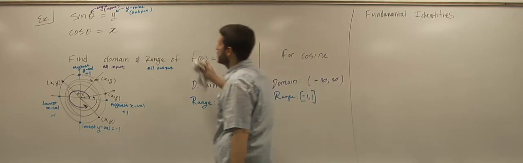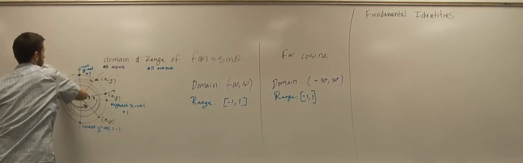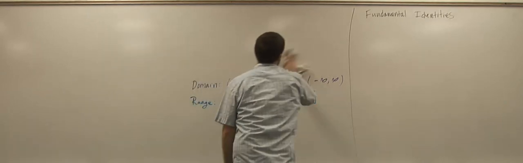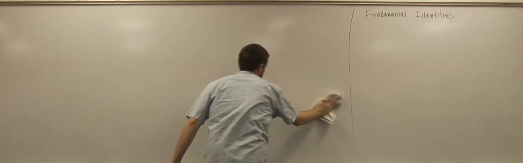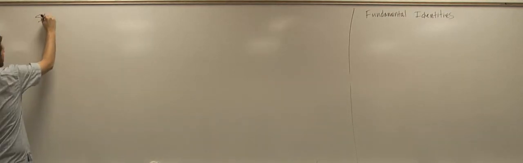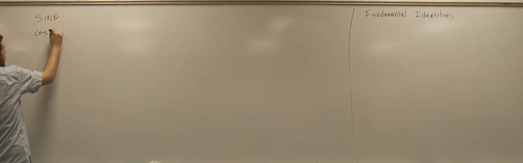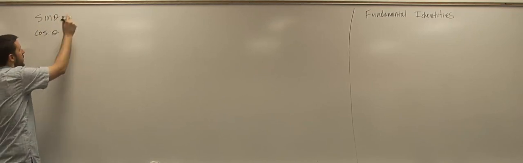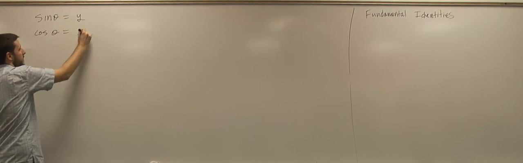Remember, we have these definitions now. We have a bunch of definitions, but the most recent one. If I ask you what sine of theta equals or what cosine of theta is, you can just refer to your unit circle definition. Sine of theta is y, cosine of theta is x.